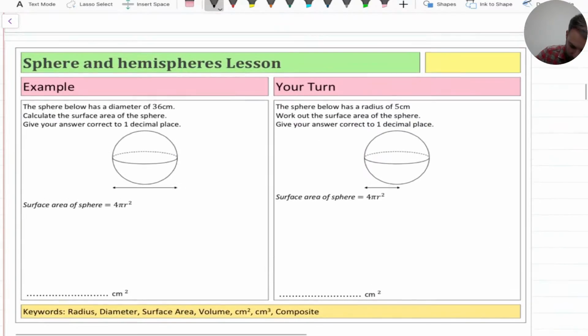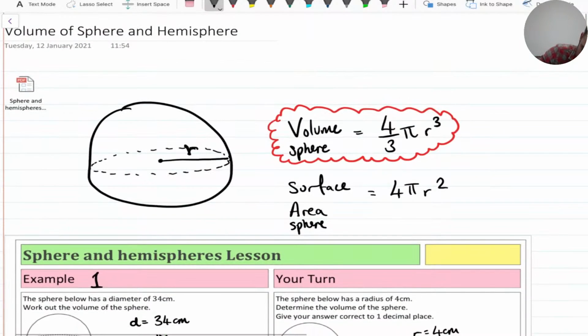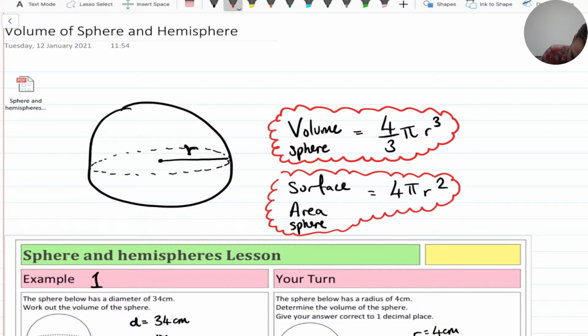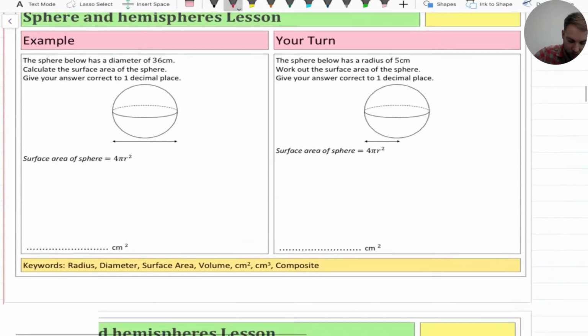We'll go back to that in a second. So the surface area for a sphere is equal to 4 pi r squared. So get that one down, and then we're going to continue.